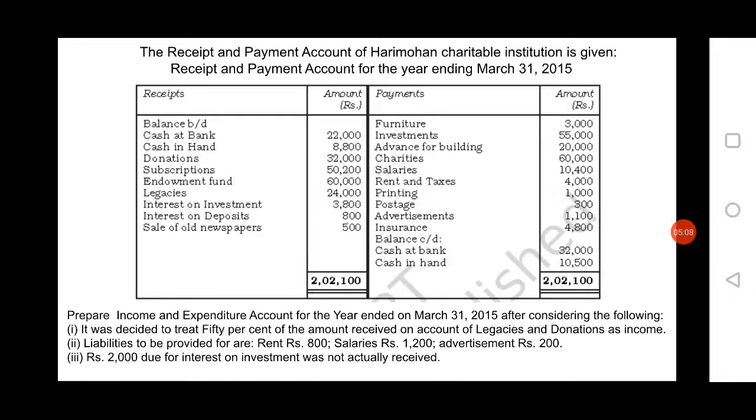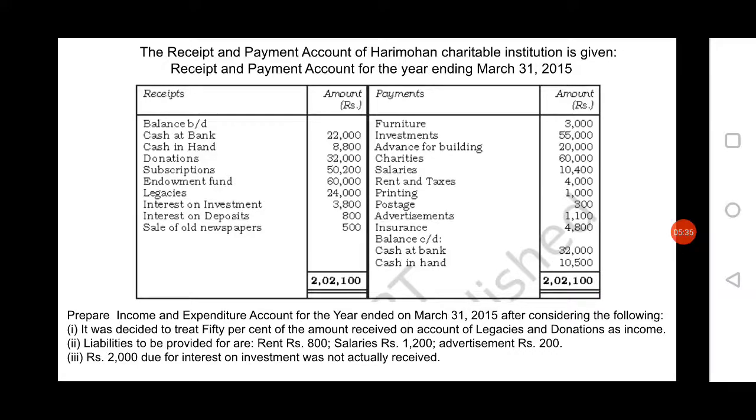The next item given is donation, 32,000. Here the related donation adjustment is given. First adjustment: it was decided to treat 50% of the amount received on account of legacies and donation as income. That means only 50% of the donation should be considered as income, not the full amount.